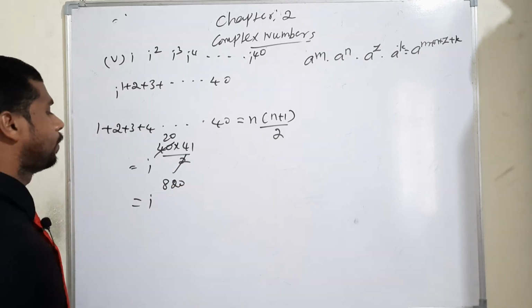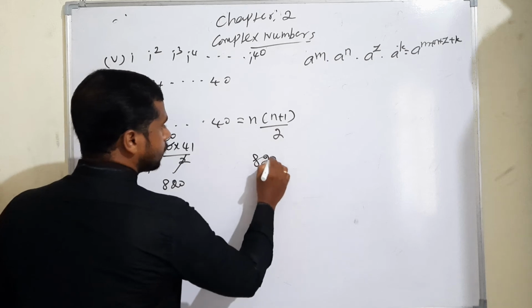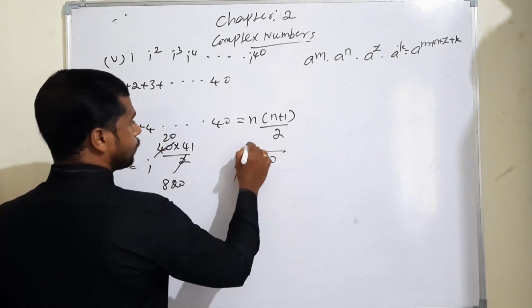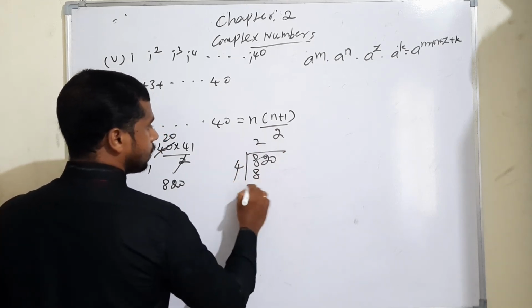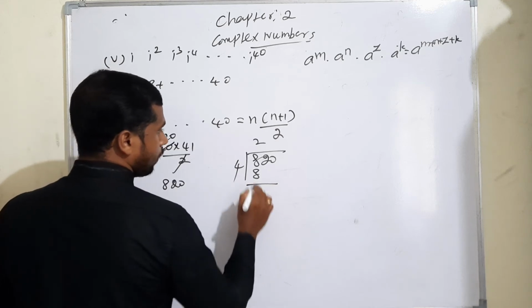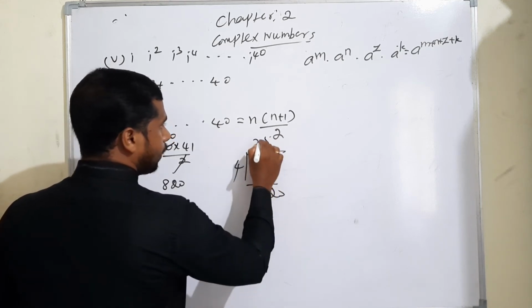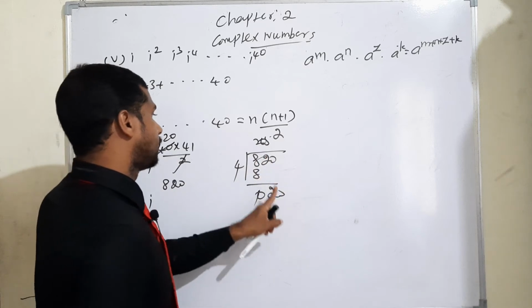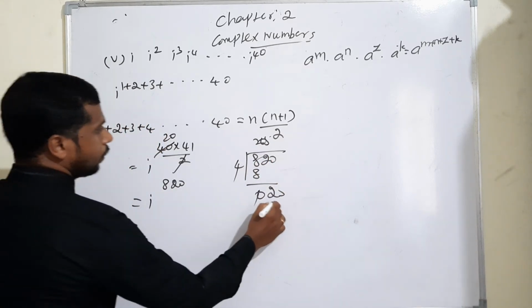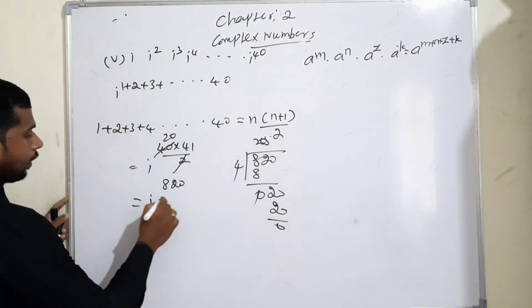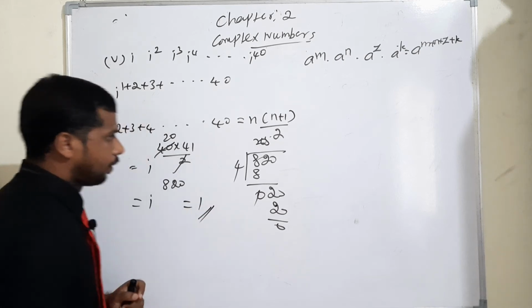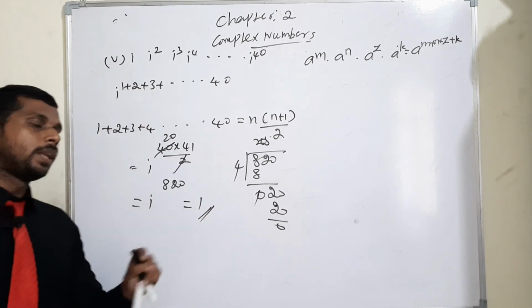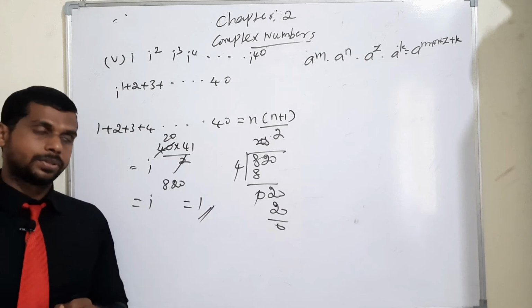So i to the power 820, is it divisible by 4? 820 divided by 4: 2 4s are 8, then 0 will come, then 5 4s are 20, here 0 will come. The next one, 205, so possible, no? The remainder will be 0, so definitely the value will be 1. Okay, already I told you, if the power is divisible by 4, the answer will be positive 1.